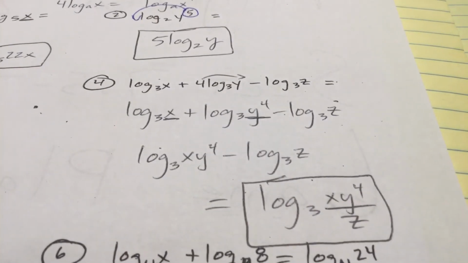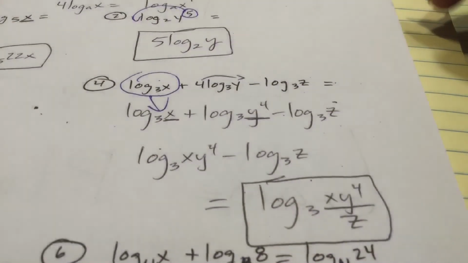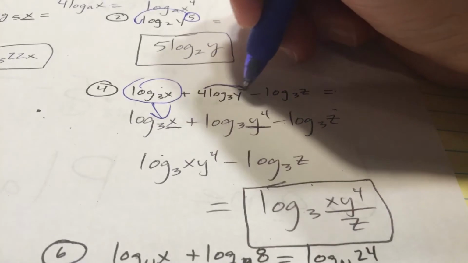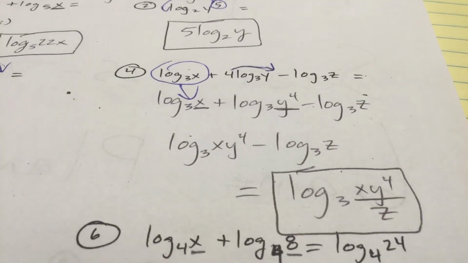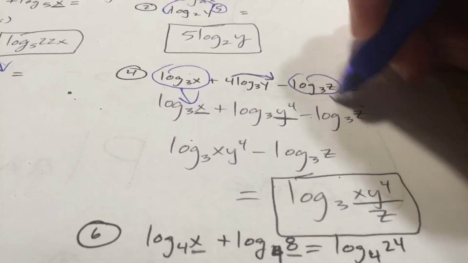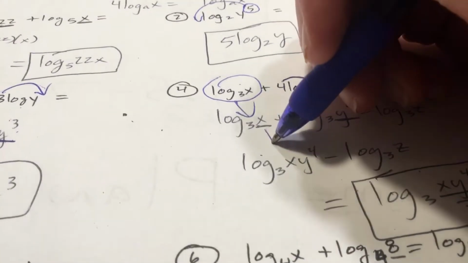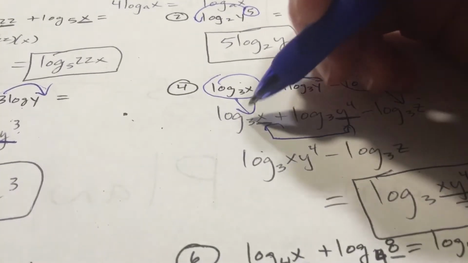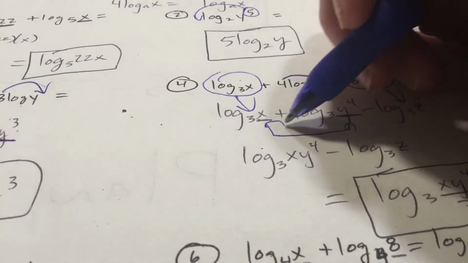And we got a potpourri of everything here. I cannot do anything with that. That's as simple as it gets. This, though, was a power, so it's going to be log base 3 of y to the fourth. Minus, I cannot do anything with that. It's as good as it gets. Order of operations, I will do this first. Log base 3 of x plus log base 3 of y to the fourth, I'm going to multiply them together.